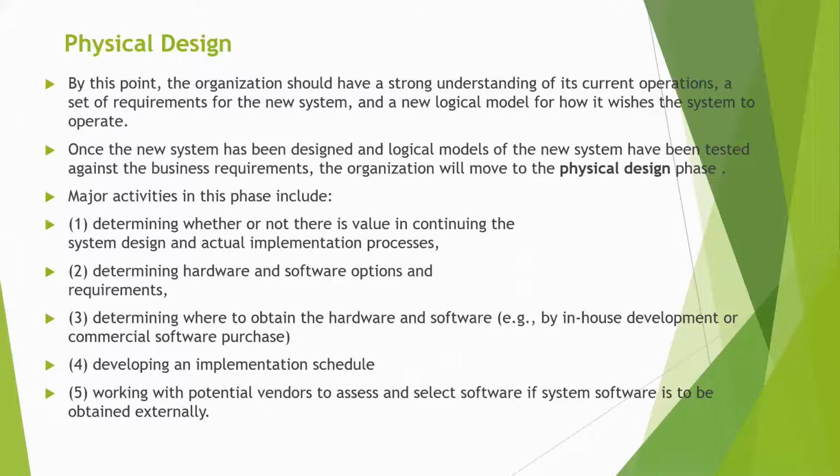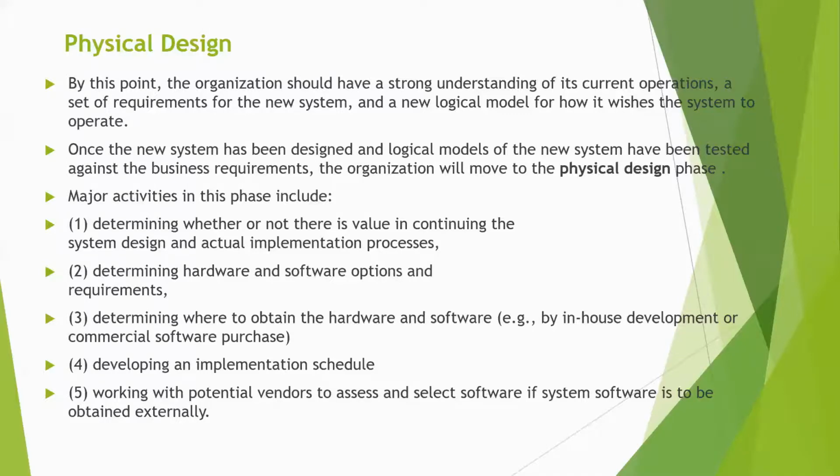It is also important in determining the hardware and software options, and maybe further requirements that are needed if we apply the new logical model. Also determining where to obtain the hardware or the software, maybe vendor purchasing or building our own software, and it also needs to be implemented on a schedule basis, not on a random basis.